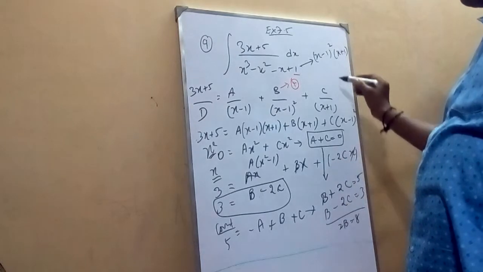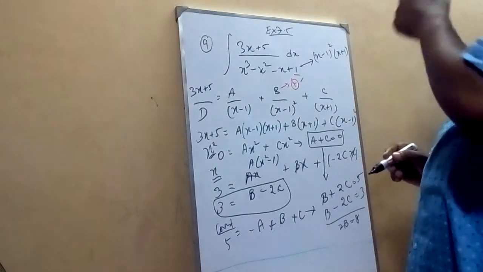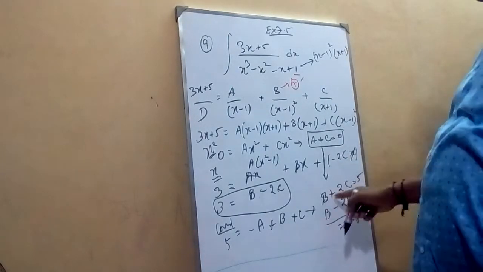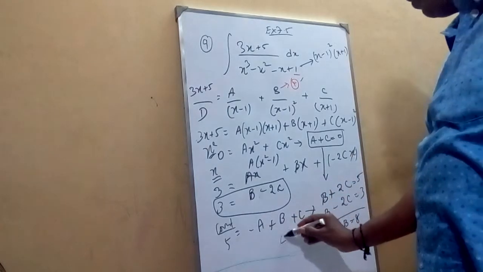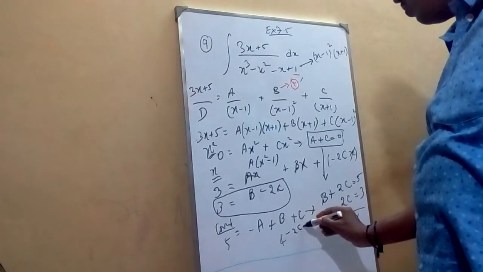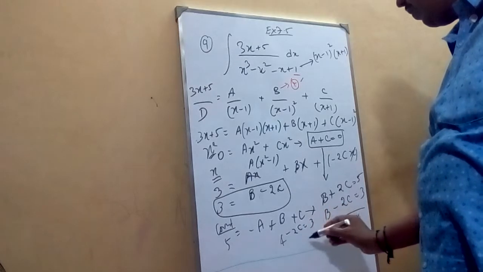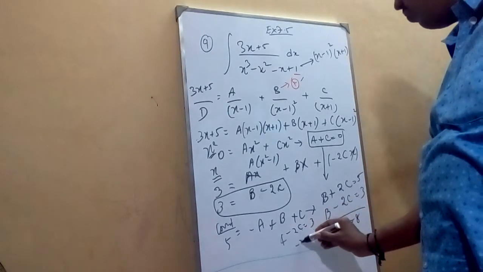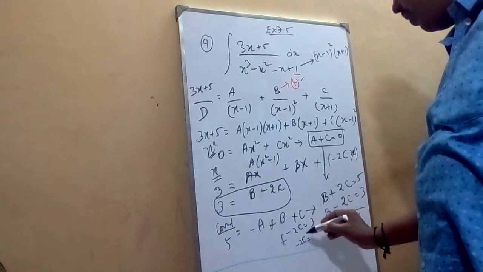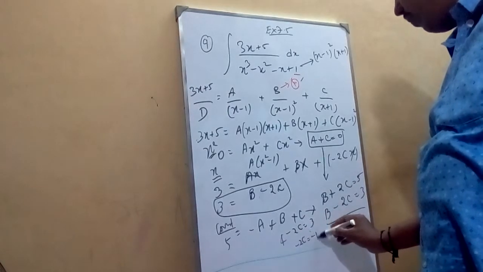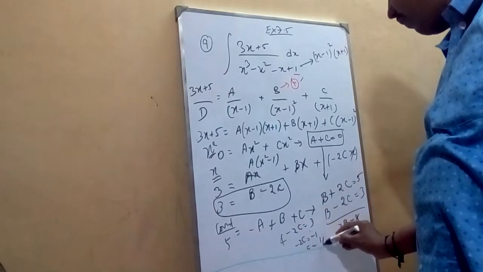Here you get b is equal to 4, correct only. Then if it is 4, 4 minus 2c is equal to 3, so it becomes minus 2c is equal to 3 minus 4, minus 1, therefore c is equal to half.